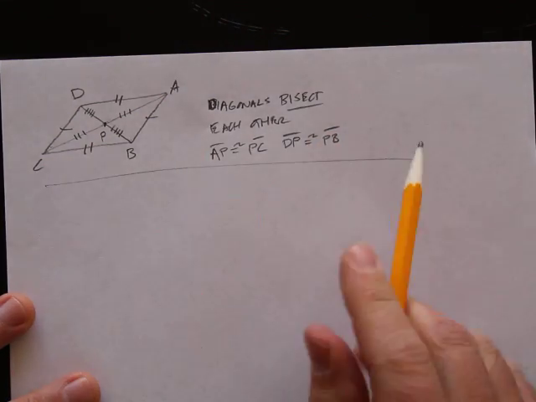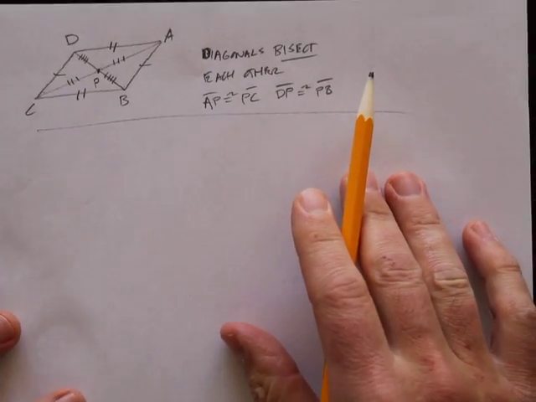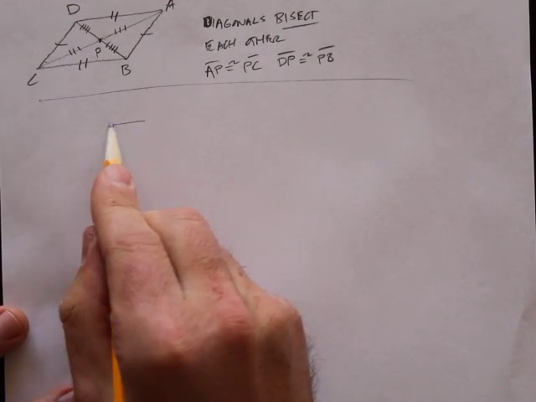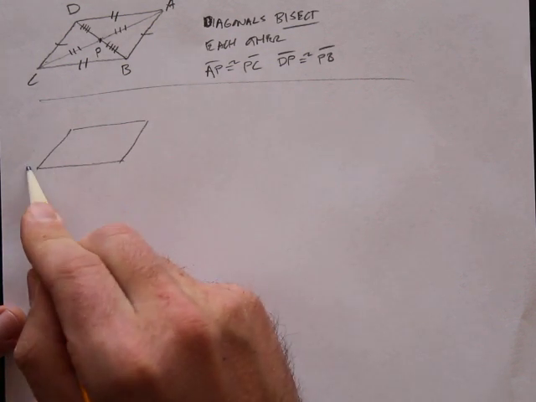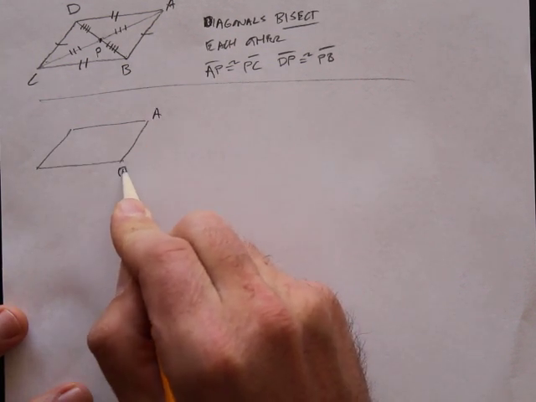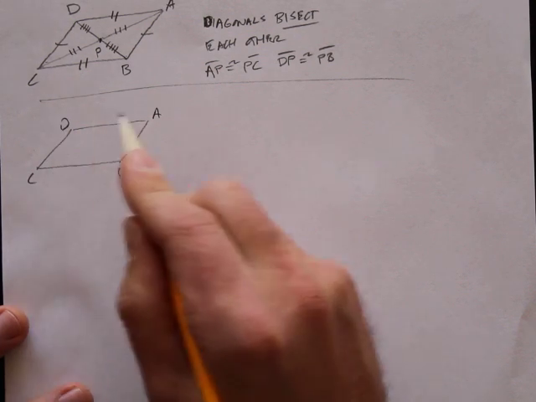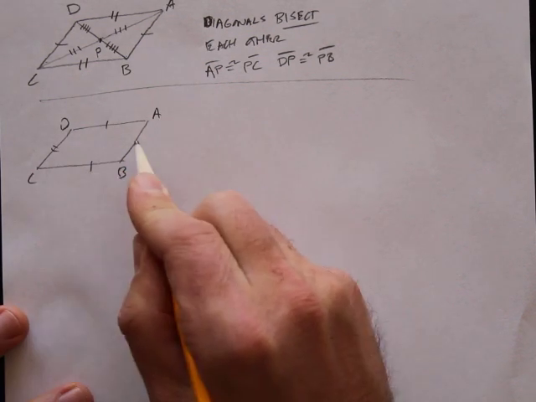We've got one more to look at here. Let me draw another parallelogram, and this is A, B, C, D. These are congruent, these are congruent.